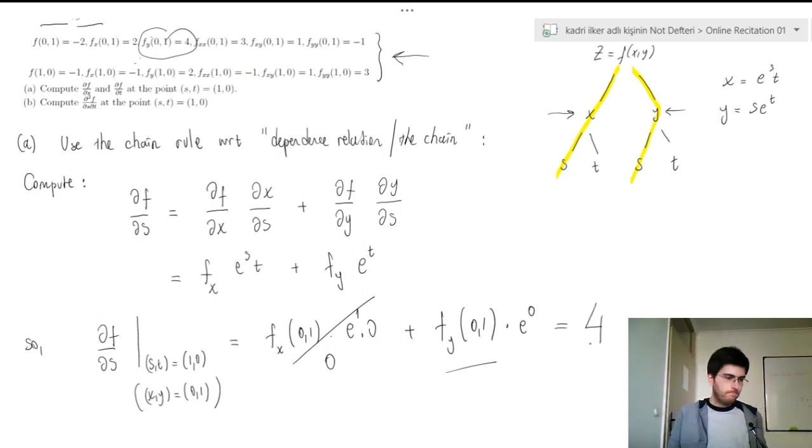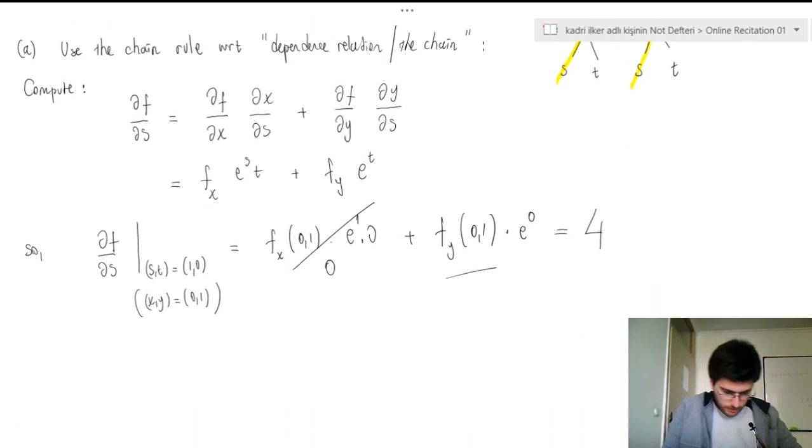Okay, that's all. Then it's a good exercise to compute in exactly the same manner.